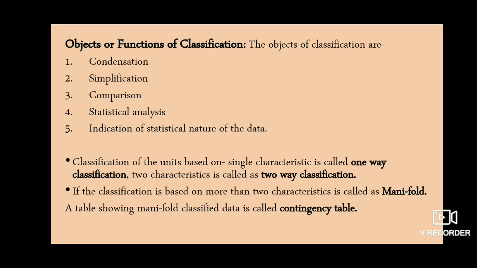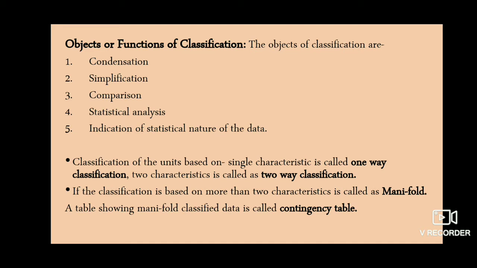The third objective is comparison. Classification promotes comparative study of related behavior or different characteristics. It also indicates how a variable varies in relation to each other. So by classification, we can compare how the units are varying. The fourth objective is statistical analysis.